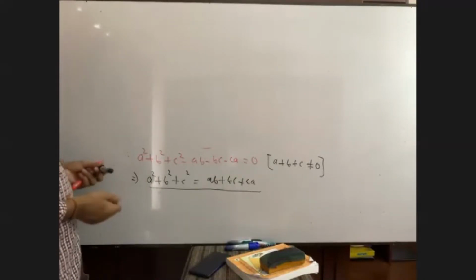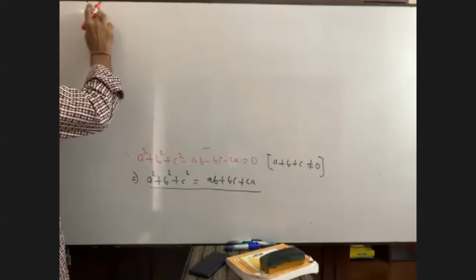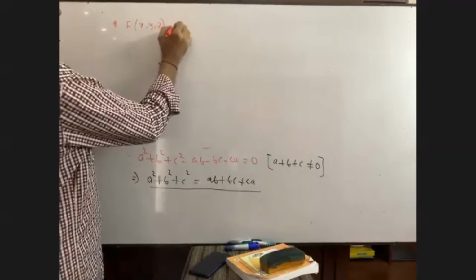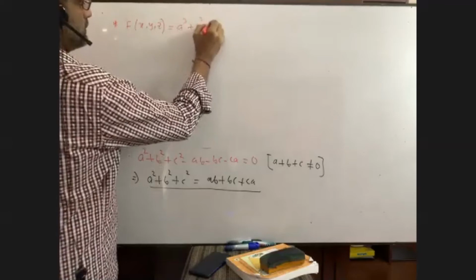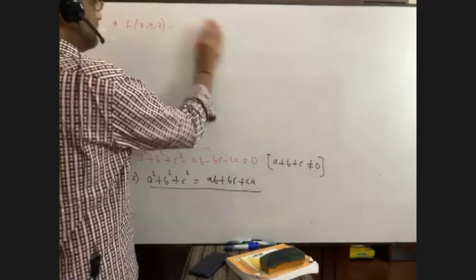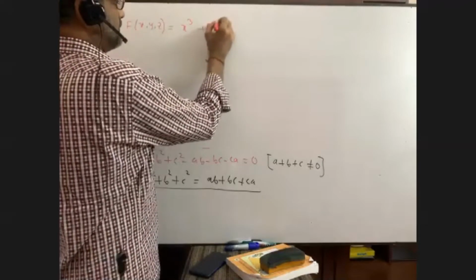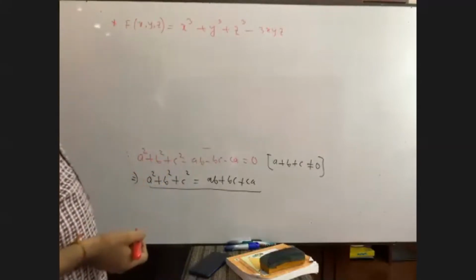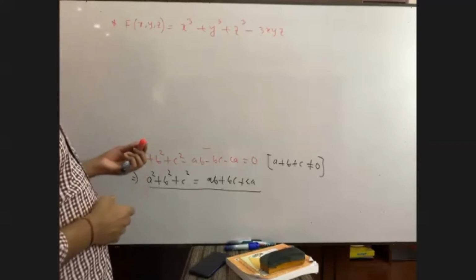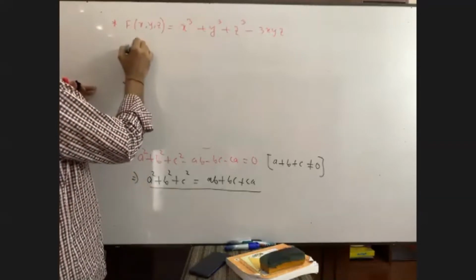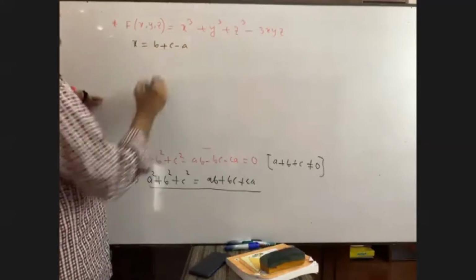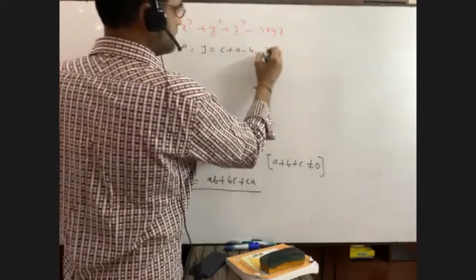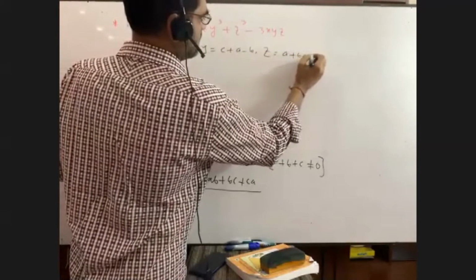Write down another math, the most important math. If f(x, y, z) is equal to x cube plus y cube plus z cube minus 3xyz, I am sorry, it is not a, b, c. And in this math you are also given where x is b plus c minus a, y is c plus a minus b, and z is a plus b minus c.